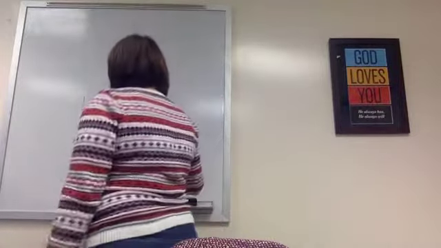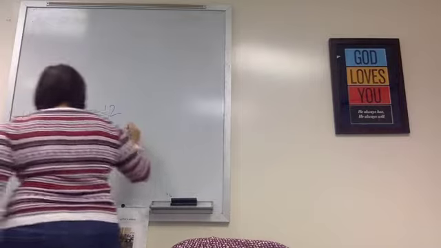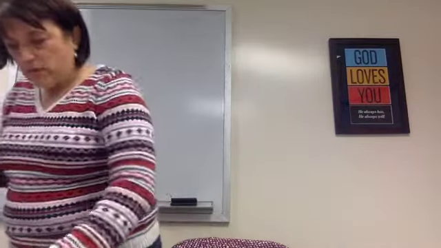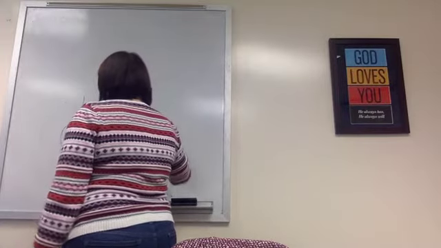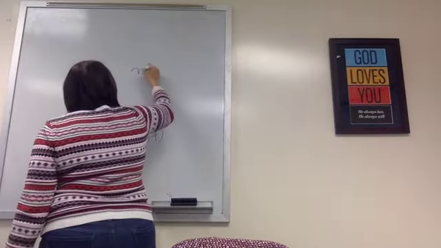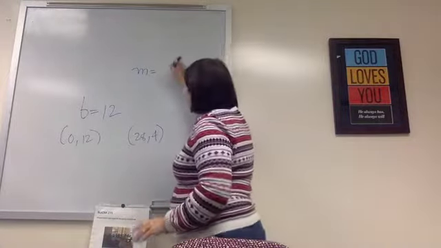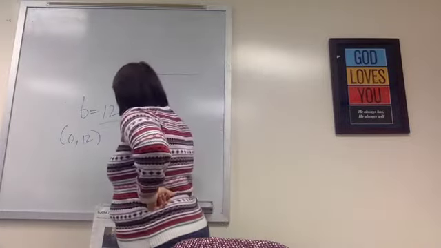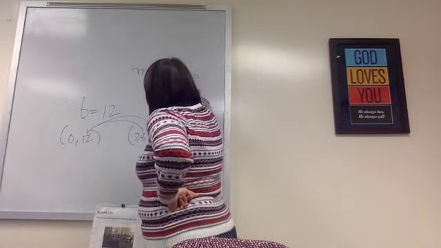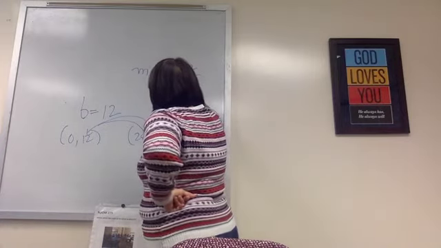All right, so we've got to calculate the slope, right? We have one point at 0, 12, and the second point is 28, 4, right? All right, so how do I calculate slope using these points? Okay, so we'll subtract: 4 minus 12 over 28 minus 0.